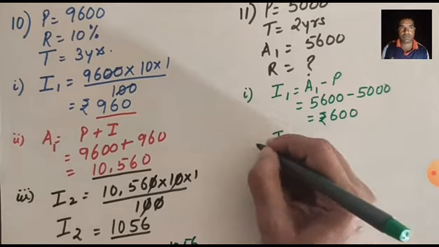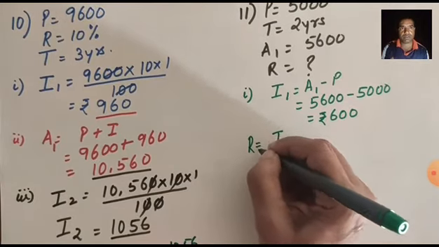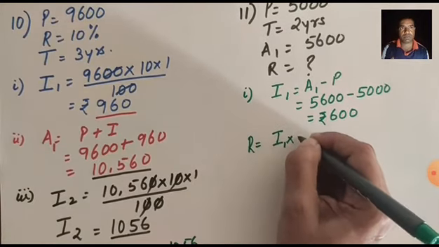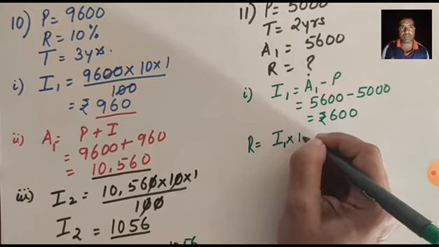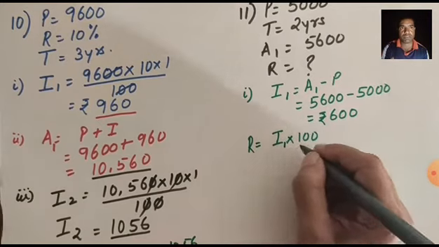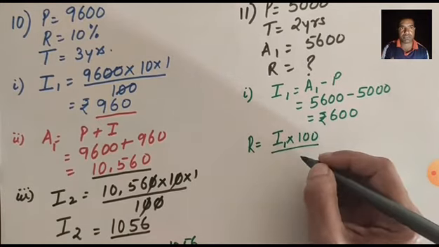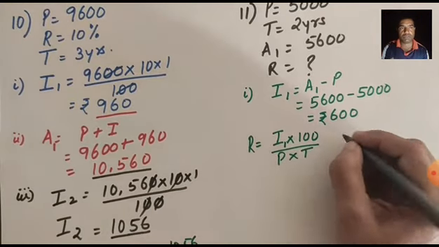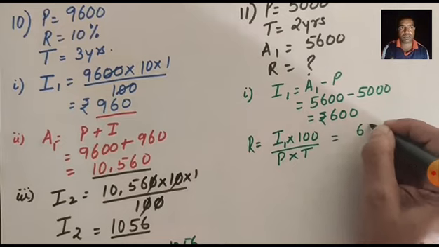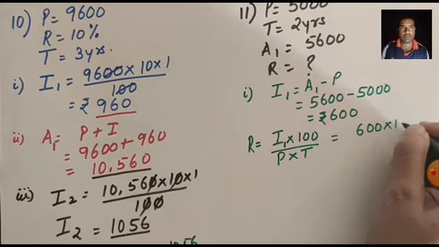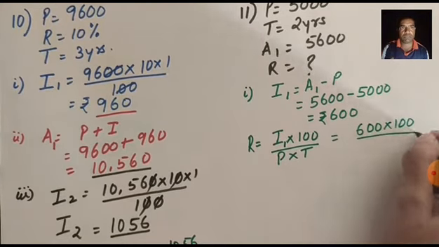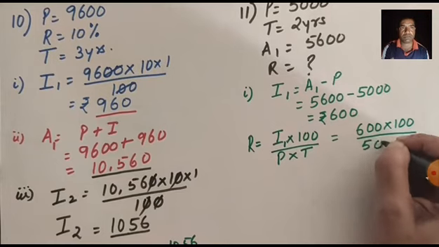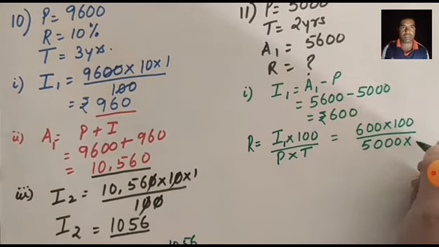Now here we have to find the rate. Rate equals I into 100 upon P into T. So now we put the values. I1 is 600 into 100, P is 5,000, and T is 1 year, because it is told that at the end of the first year.